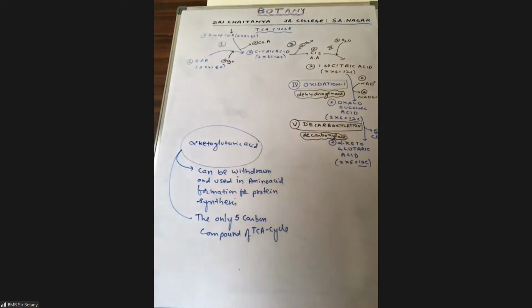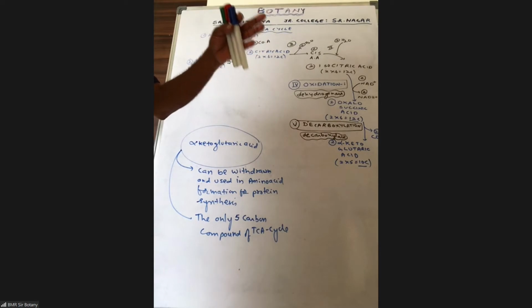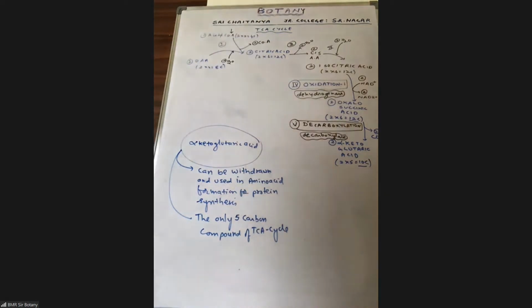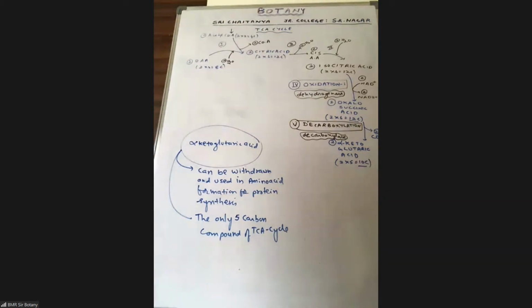Because the immediate next step also is decarboxylation, we call them successive decarboxylations. That was how it was mentioned in the textbook also. But that time, along with decarboxylation, it will also undergo oxidation. What is supposed to be the 6th reaction, as I told you already? 4th, 6th, 8th, 10th: oxidation.